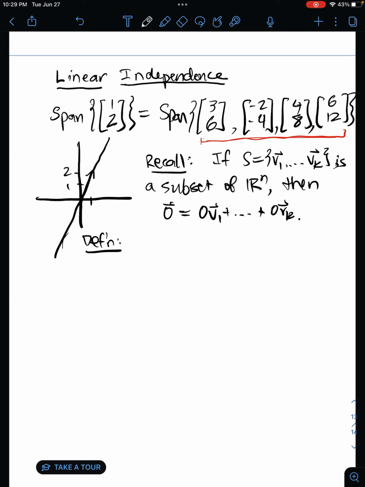I'm going to define linear dependence, and then I'll say that a set is linearly independent if it's not linearly dependent.